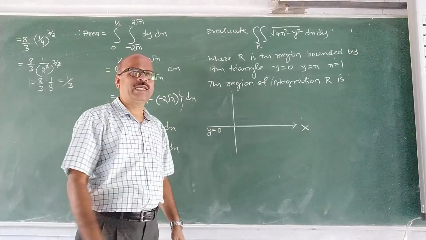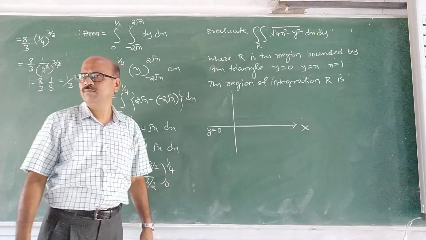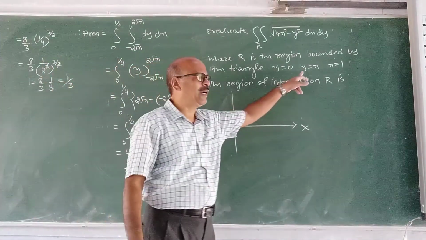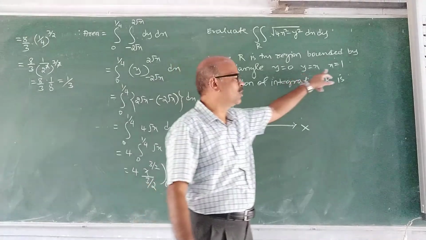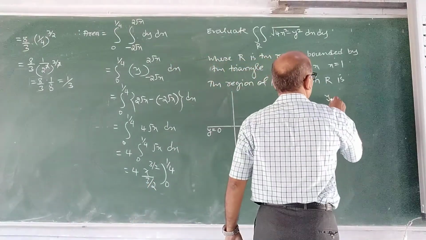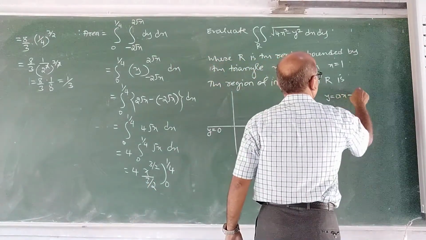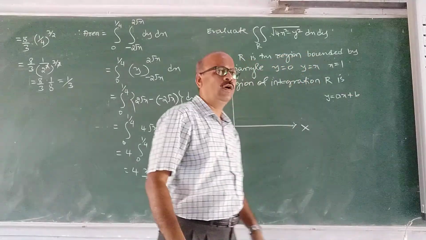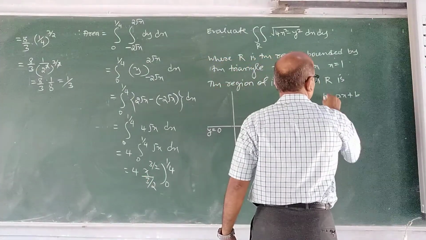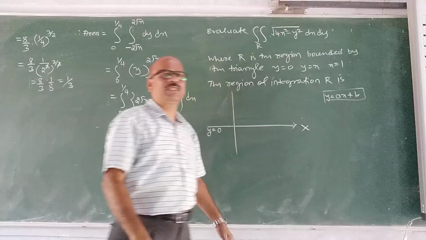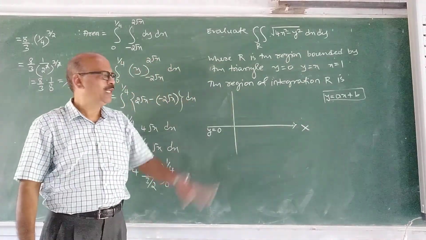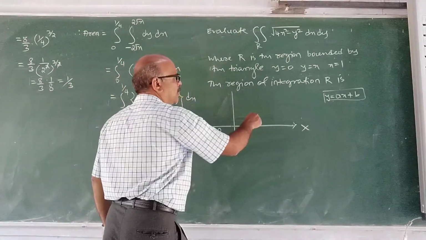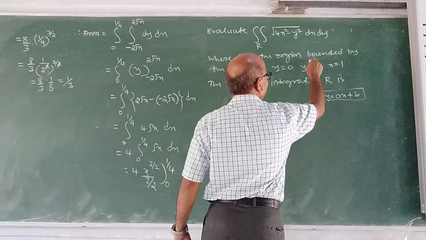What is y is equal to x? What type of line? Y is equal to x passes through the origin because there is no constant term. The equation of a line is y is equal to ax plus b. Linear represents a straight line. B is 0, so the line passes through the origin, and it is of the form y is equal to mx.